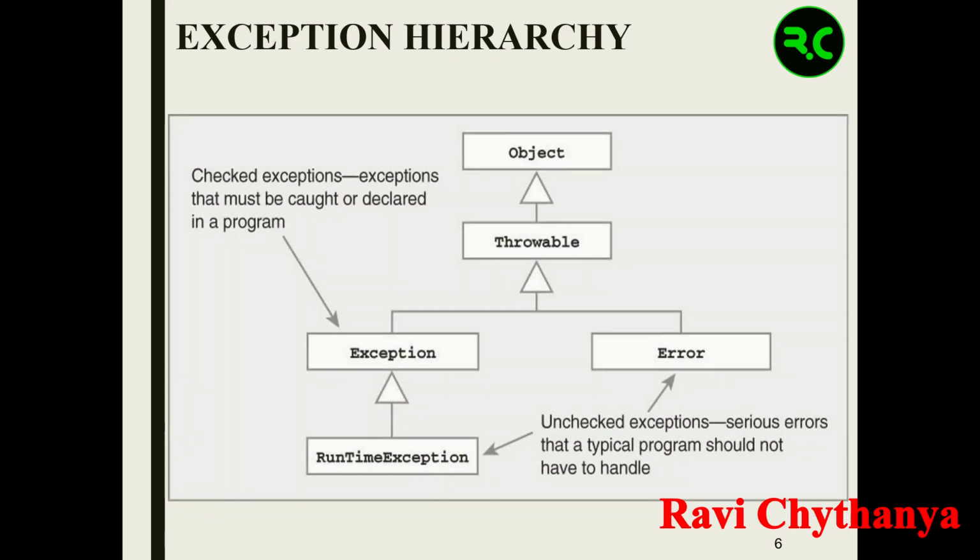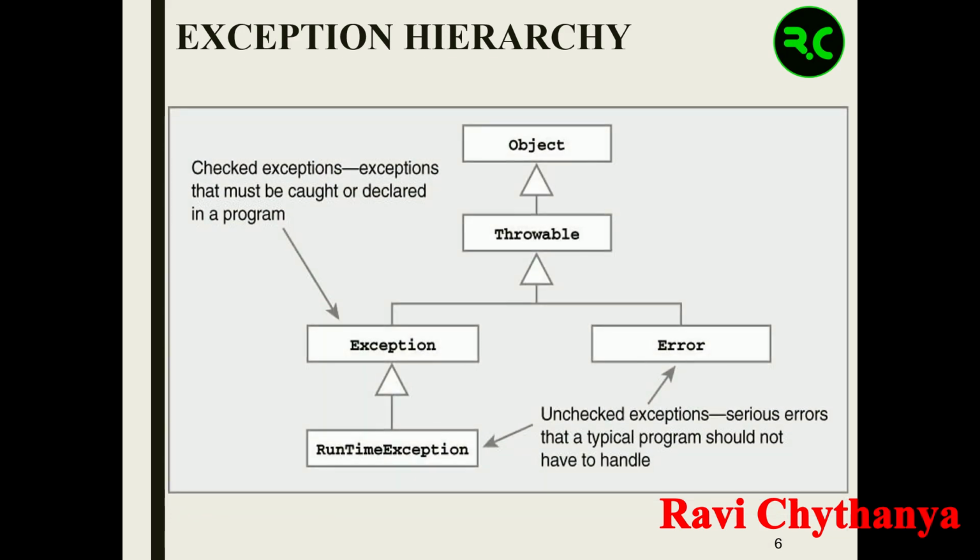Okay, so the exception hierarchy is: the exception is a subclass of the throwable class, and the throwable class is a subclass of the object class. The exceptions can be runtime exceptions. Okay, and the exception class is the checked exceptions that must be caught or declared in a program.